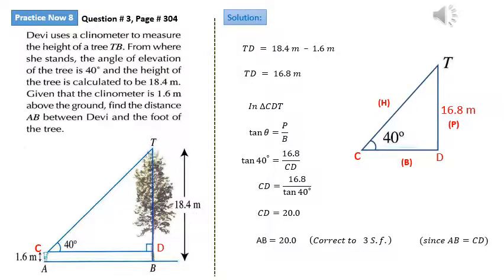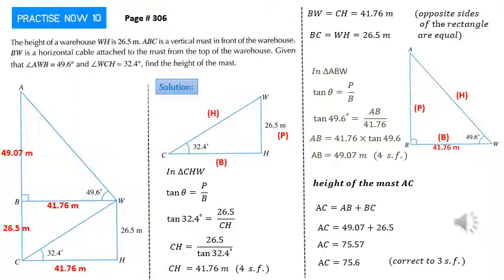Now we are going to solve practice now 10 on page number 306. The height of a warehouse WH is 26.5 meters. ABC is a vertical mast in front of the warehouse. BW is the horizontal cable attached to the mast from the top of the warehouse.